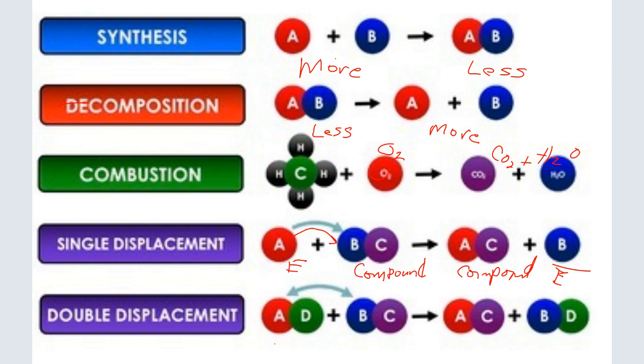So this is a compound plus another compound gives us switching. So I like to think of it as dancers switching at a dance. The partners have just switched places.